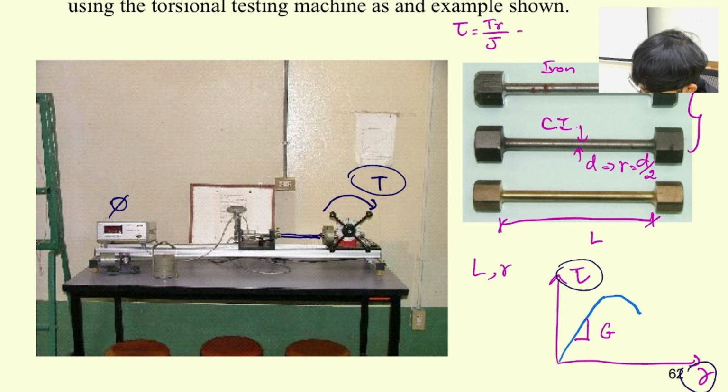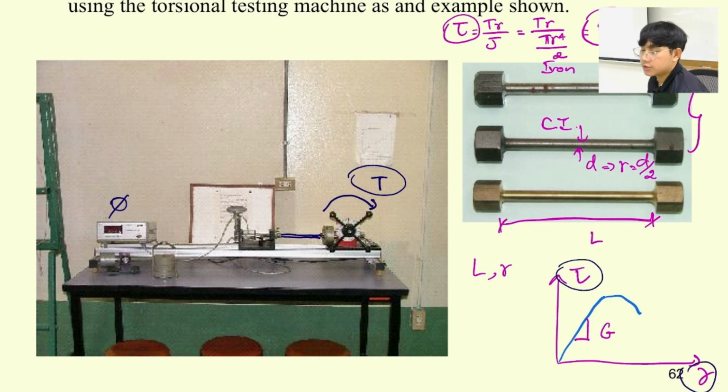So polar moment of inertia is going to be equal to pi r to the power 4 divided by 2. Okay, so if you rearrange the equation, you're going to get 2T over pi r cubed.